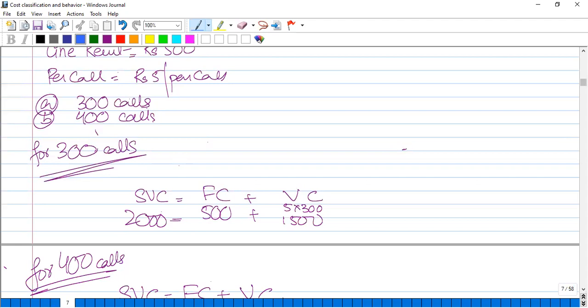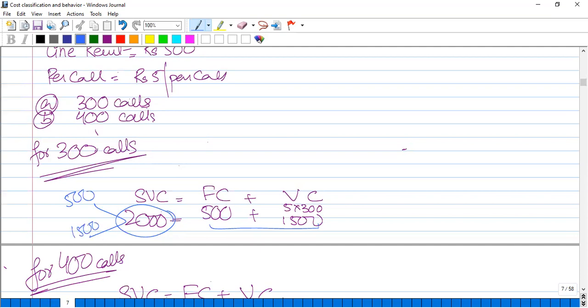Simply I have multiplied 5 by 300, the answer is 1500. I have added both these figures, 500 plus 1500, the answer is 2000. This 2000 is semi-variable cost. This contains both the elements of fixed cost and variable cost. In 2000, fixed cost is 500 and variable cost is 1500.